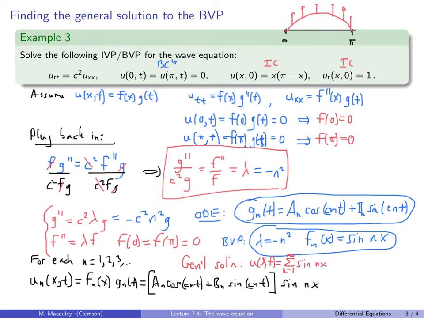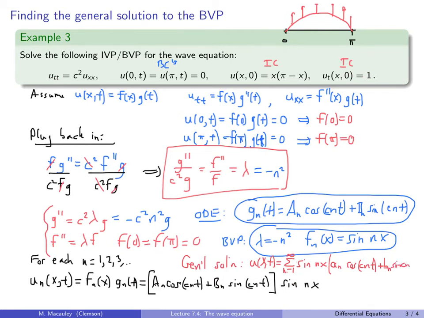sine of nx times a_n cosine. You know what? I'm going to use capital A_n just to match what we do for Fourier series. A_n cosine of cnt plus b_n sine of cnt.